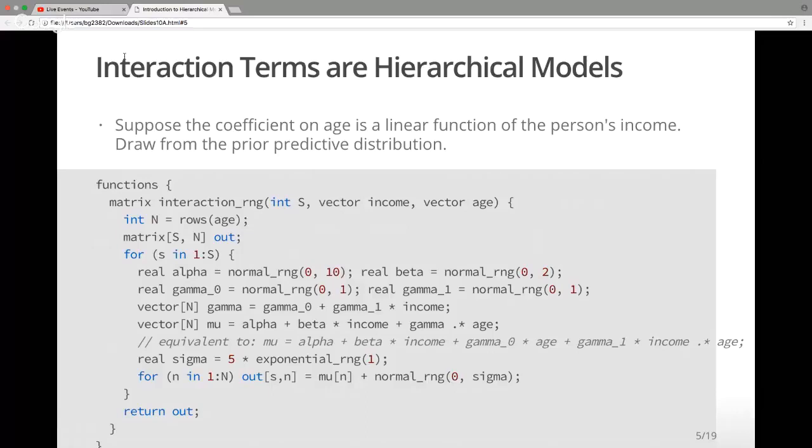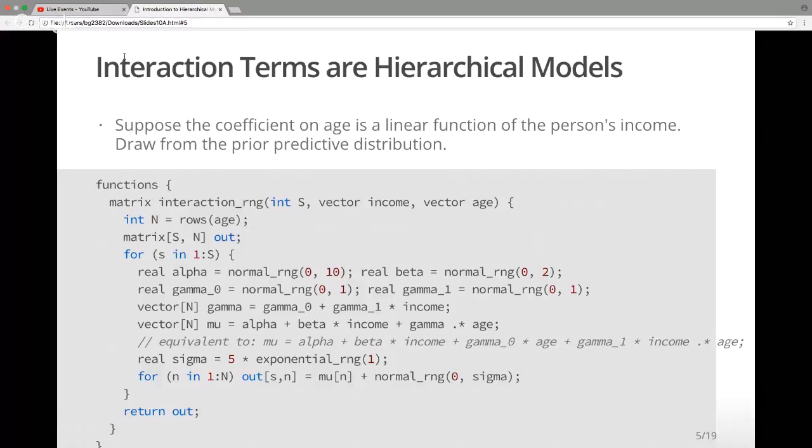And you can see this is the form that an interaction model typically takes, where you have income, you have age, and you have the product between income and age. And gamma 1 is the slope of that third variable that you created by multiplying income and age together. Either way you do it, you have an equivalent expression for mu.